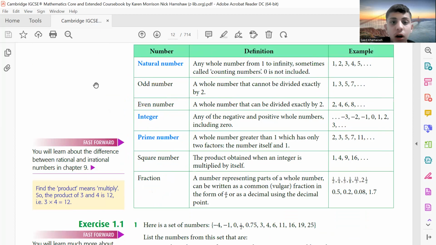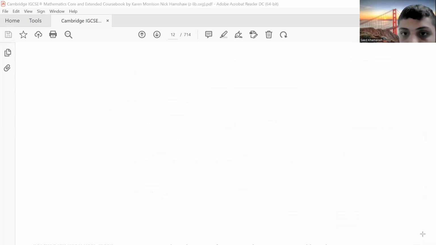And now clear all. Let us put here. Now I want to write with red. Sorry for that.